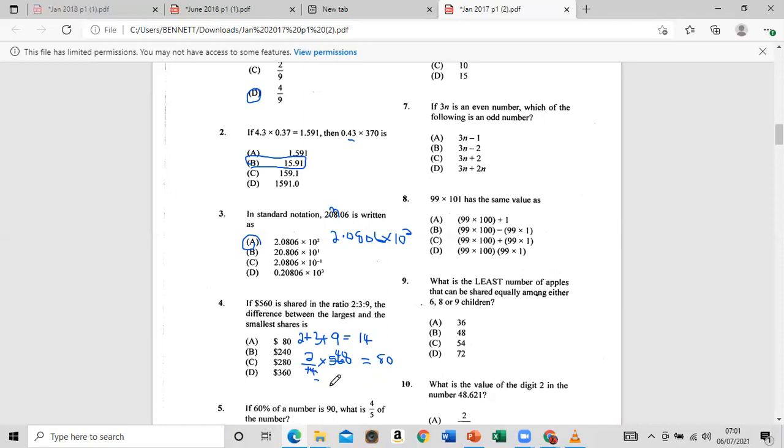So the largest share would be 9 times 40, which is equal to 360. So the difference now, we're going to subtract 80 from 360. That gives us 280. So that is the difference.